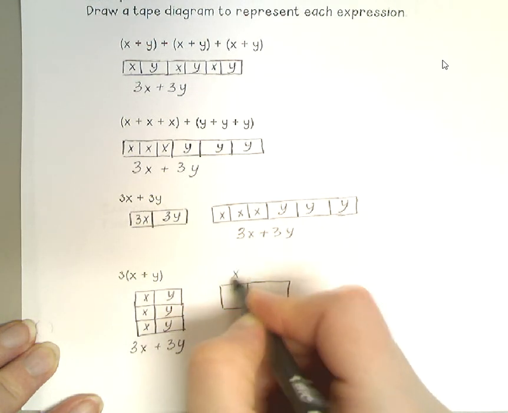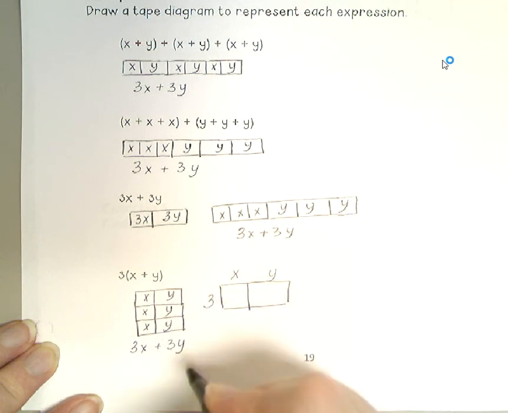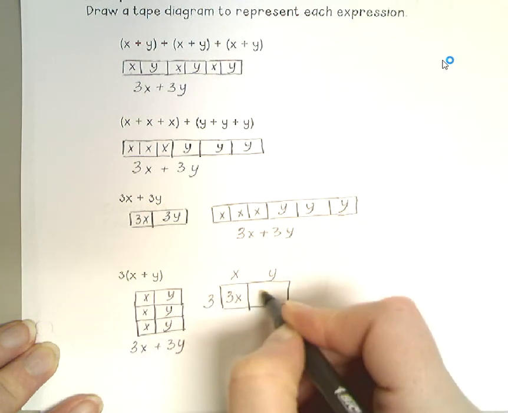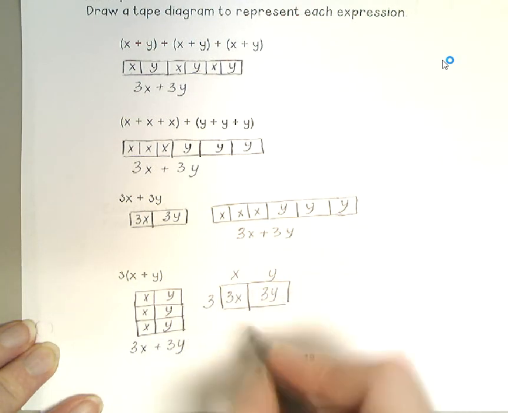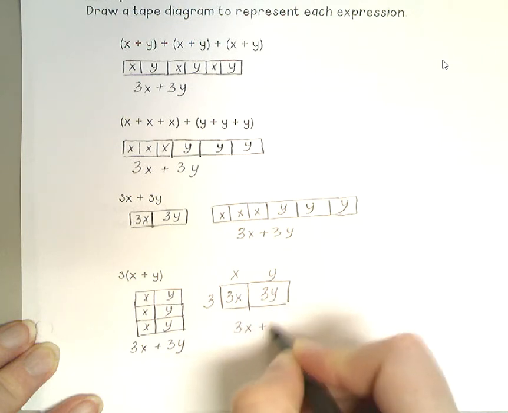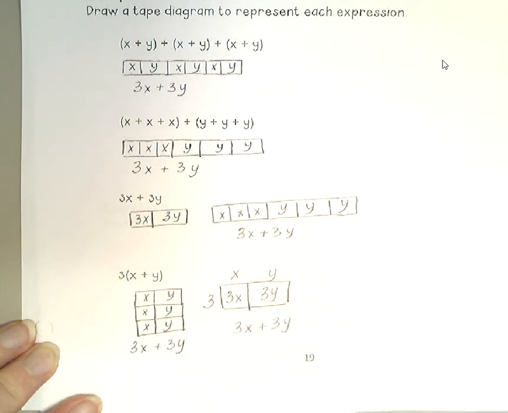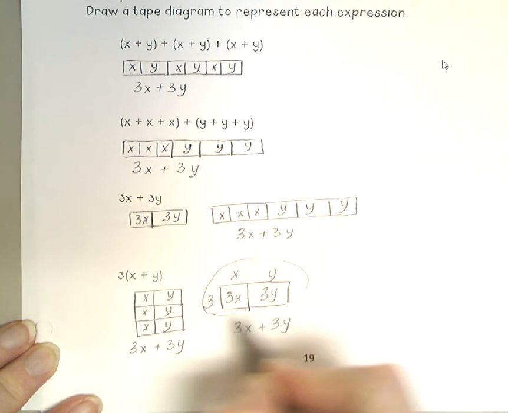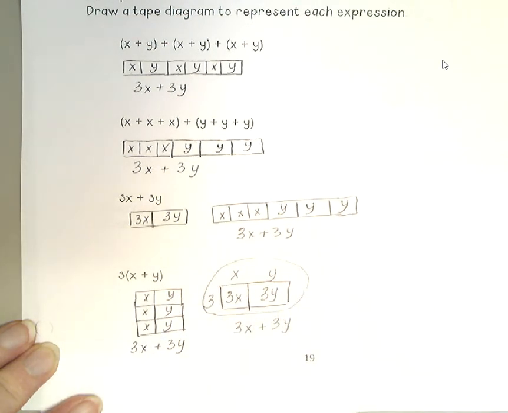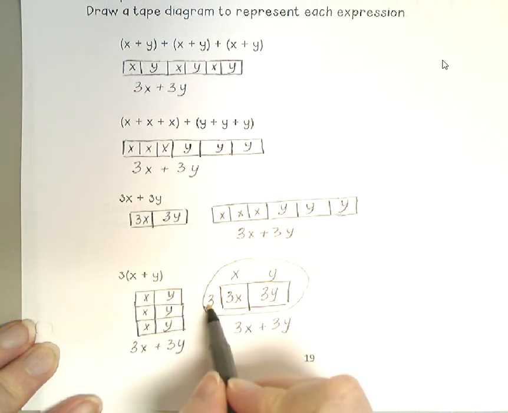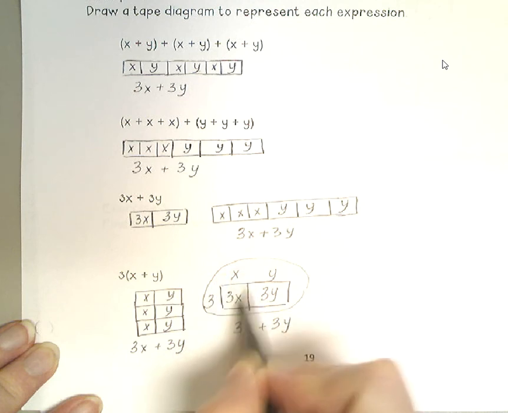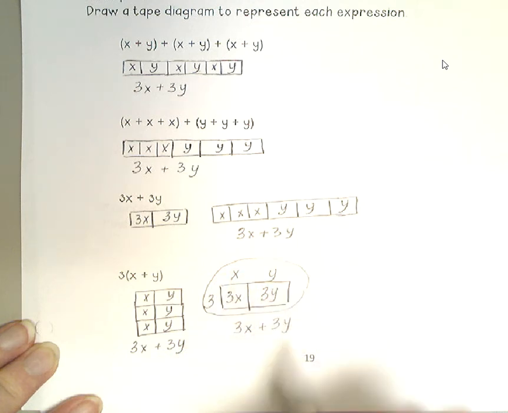Here I have x plus y, and I have 3 groups. So I will have 3x here and 3y here. Still works. This way is more efficient because here you can totally see that distributive property. We have 3 groups of x plus y, and what we are doing, we are multiplying 3 by x and 3 by y, and we are adding them together.